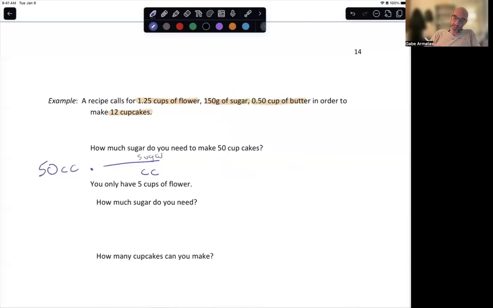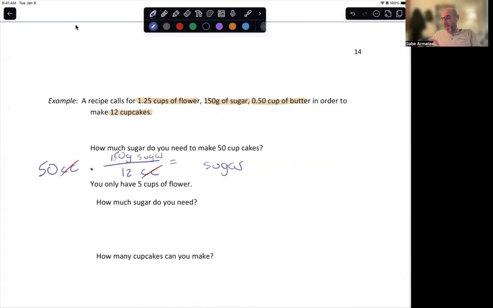So according to my list above, 12 cupcakes is equivalent to 150 grams of sugar. Cupcakes is going to cancel, and I am going to be left with a certain amount of sugar. So sugar.